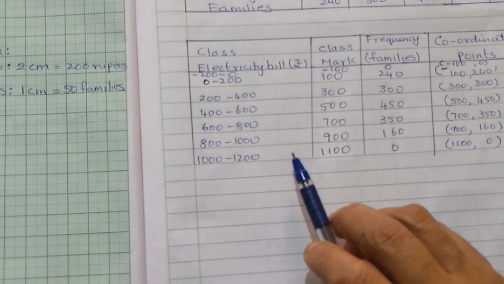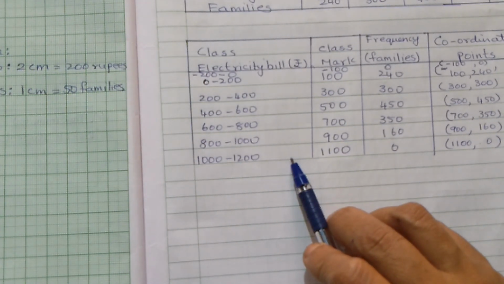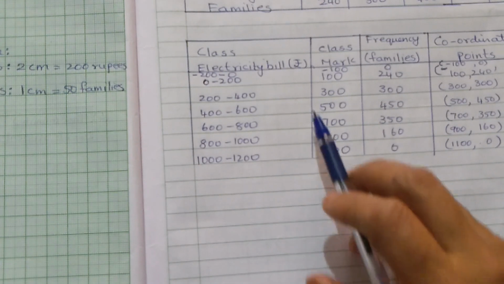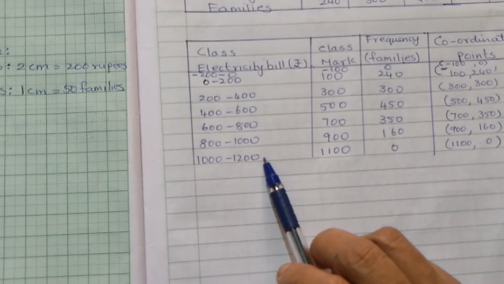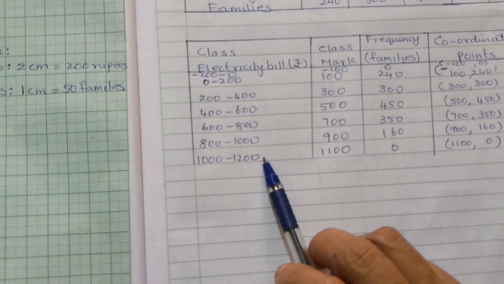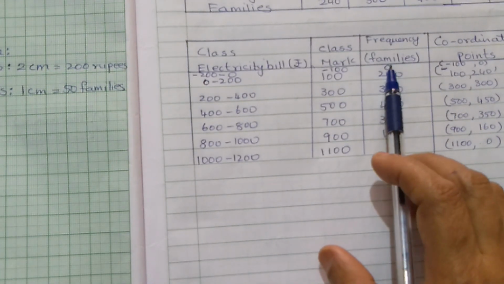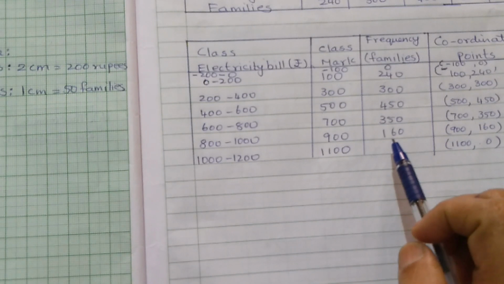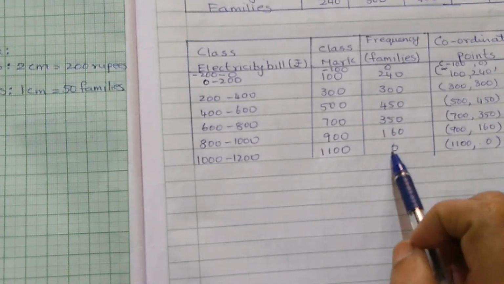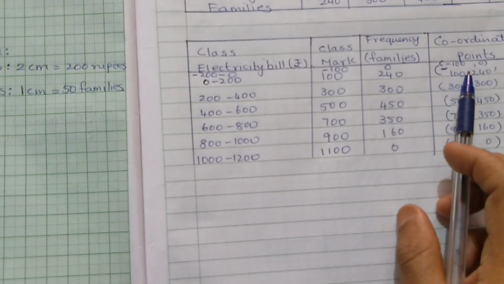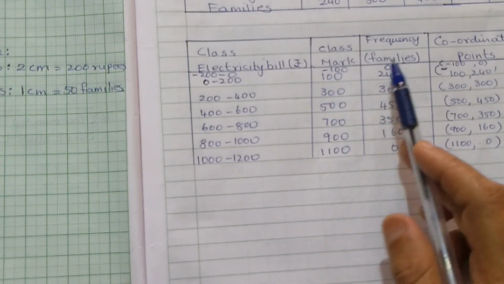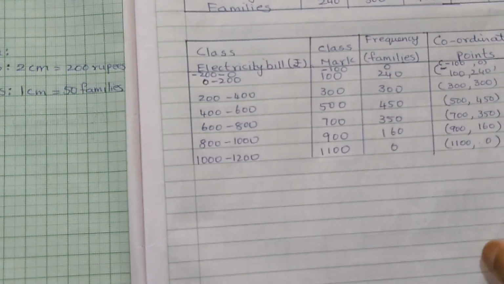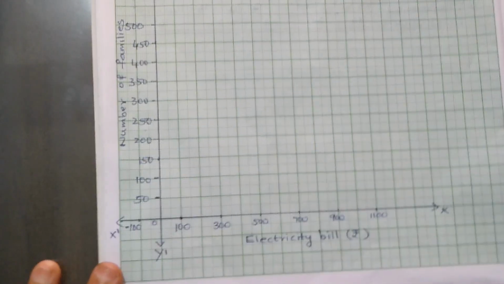The frequency of the first and the last extra classes is 0. The class mark is taken as the x coordinate and the frequency as the y coordinate, which I have already explained on the board. Now we will plot.